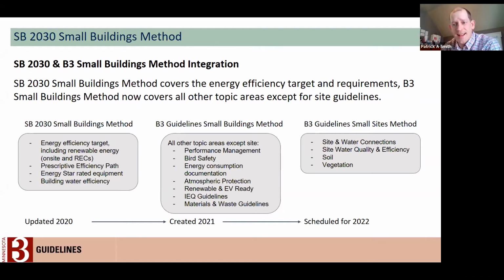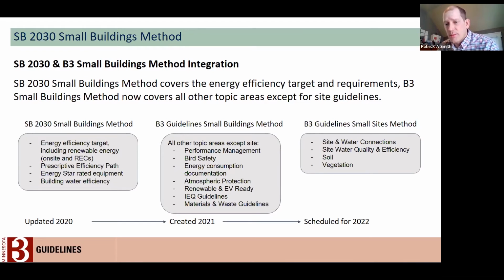It's the B3 guideline small building method that we're launching now that really picks up all those other areas of the guidelines: your performance management, building related site and water requirements, so indoor water quality and bird safety for glazing, the atmospheric protection, so the non-energy related items from the energy and atmosphere section, including EV ready, solar ready buildings, solar ready sites, and then those material and indoor environmental quality sections.